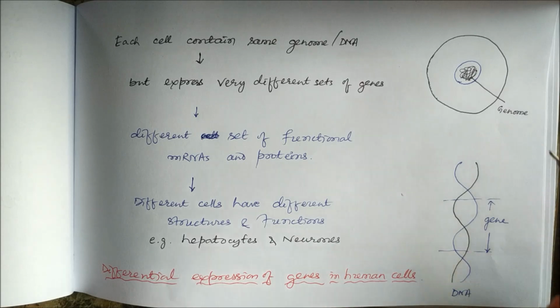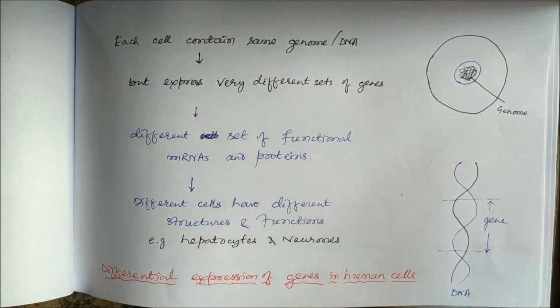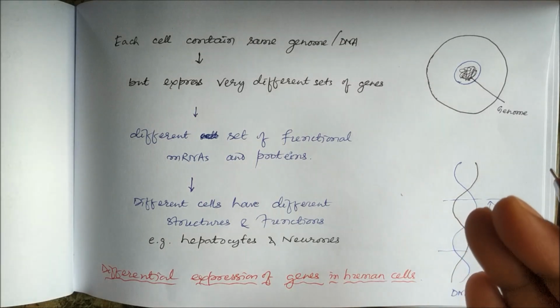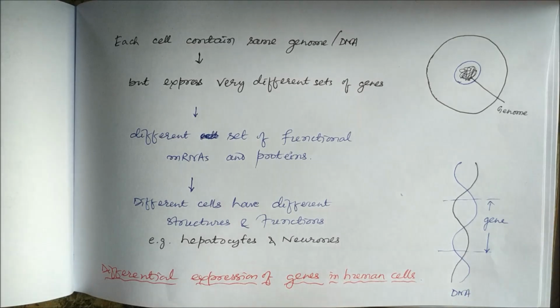That's why from the same zygote, through the process of differentiation, we get different types of cells. That means some genes are on and some genes are off in many of our cells. In hepatocytes, certain genes are on and certain genes which are not required by the hepatocytes are off.